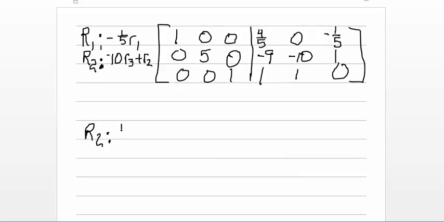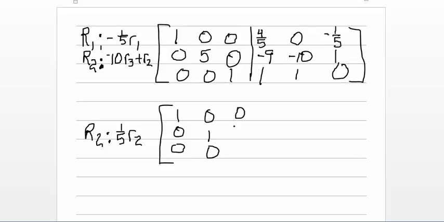Row 1 and row 3 are actually just as I want them. Now I'll get the 1s. I've already got the ones that I want in row 3 and row 1, but I have to multiply the previous row 2 by 1/5 to get the one that I want on the diagonal in row 2.